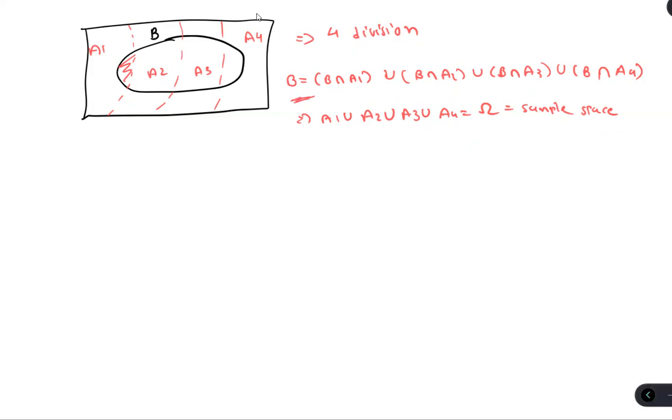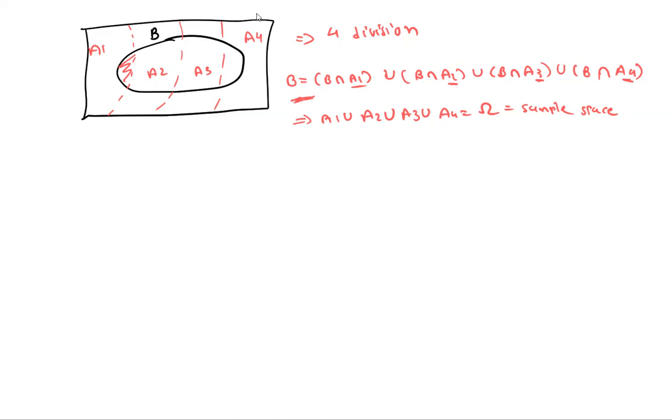I think you understood this. If you want to write like this, then A1, A2, A3, A4 should be mutually exhaustive. It should cover all the sample space. It's not that some part remains from the sample space after taking the union of all the Ai's.